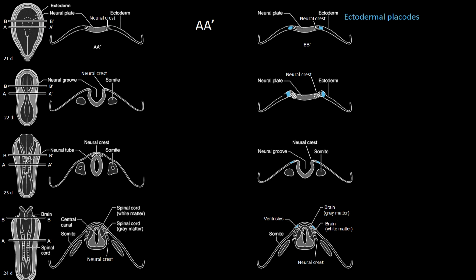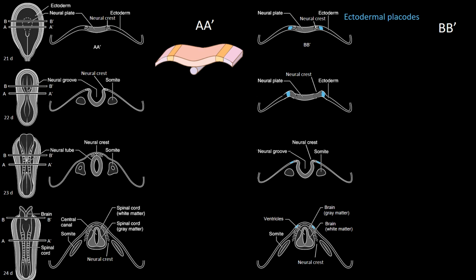I will further illustrate the difference between a mid-cut represented as AA and a rostral cut represented by BB by using more colorful illustrations. Here you see a mid-neural plate transverse cut at about 22 days.